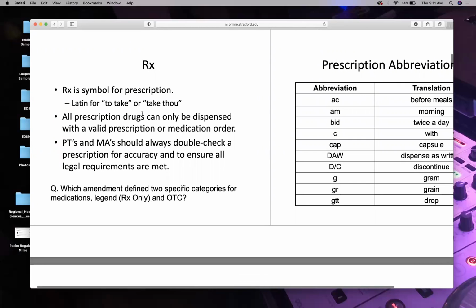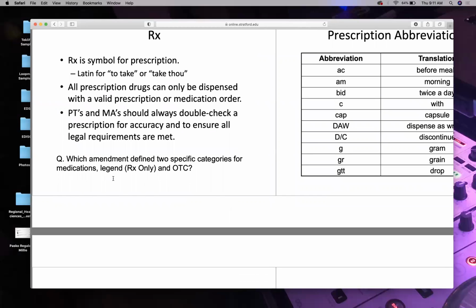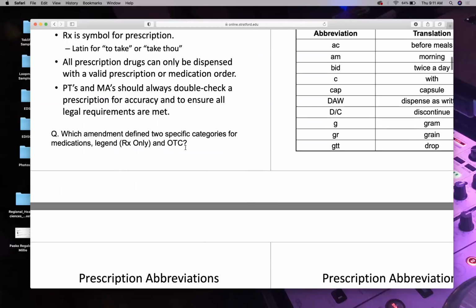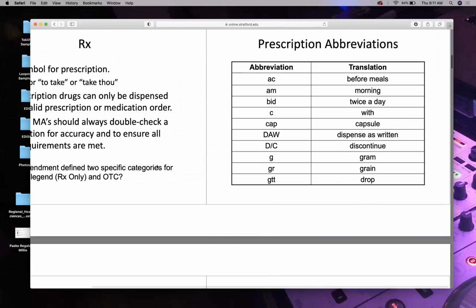So always double check, actually triple check, triple and quadruple check. How many times on a third pass do I go, oh my God, that's not the right medication, or oh my God, the doctor wrote it the wrong way, and immediately inform the doctor of a potential error. Okay.